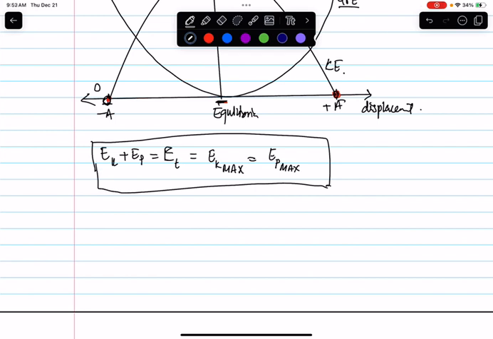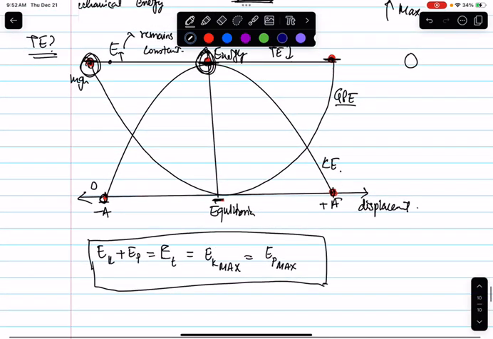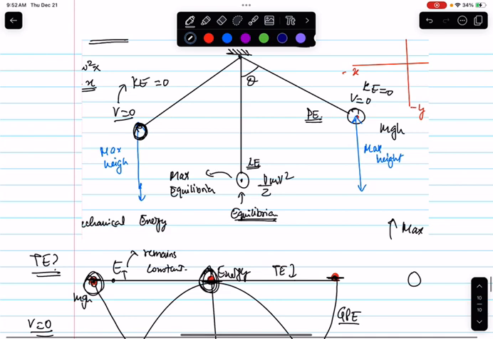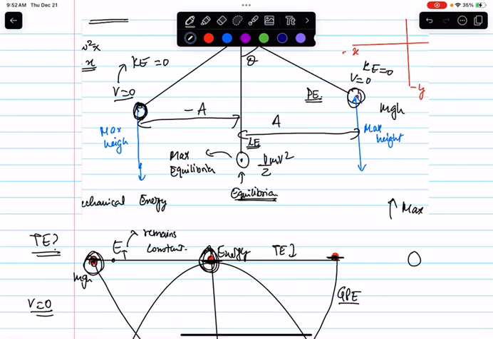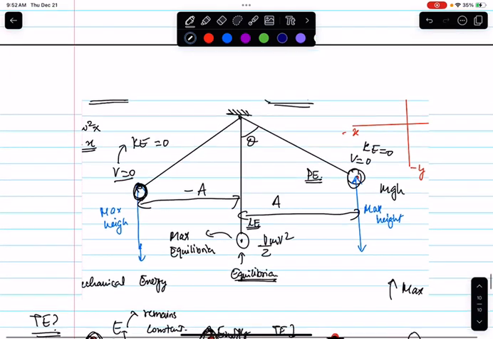Just remember that at the amplitudes, the velocity is 0. So at these maximum amplitudes, the velocity becomes 0 and the gravitational potential energy is the highest.